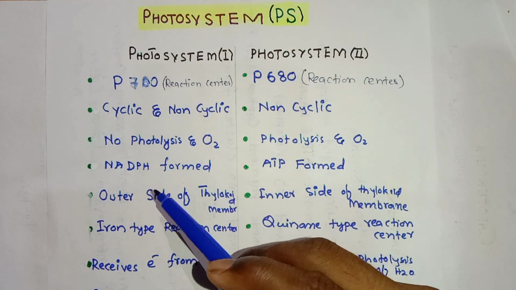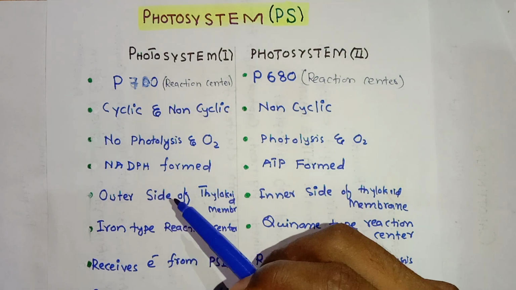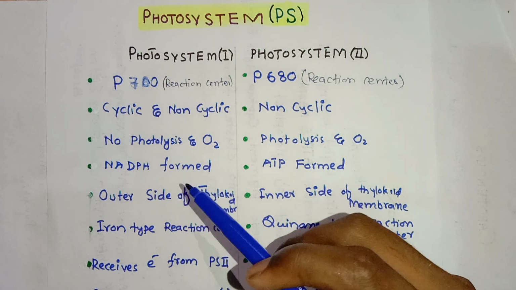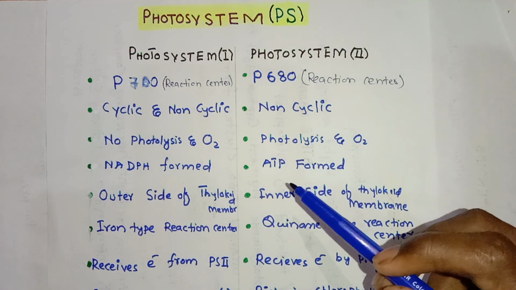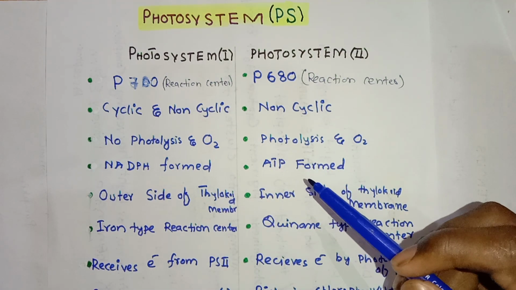In PS1, NADPH is formed as the end product. But in PS2 only ATP is formed.